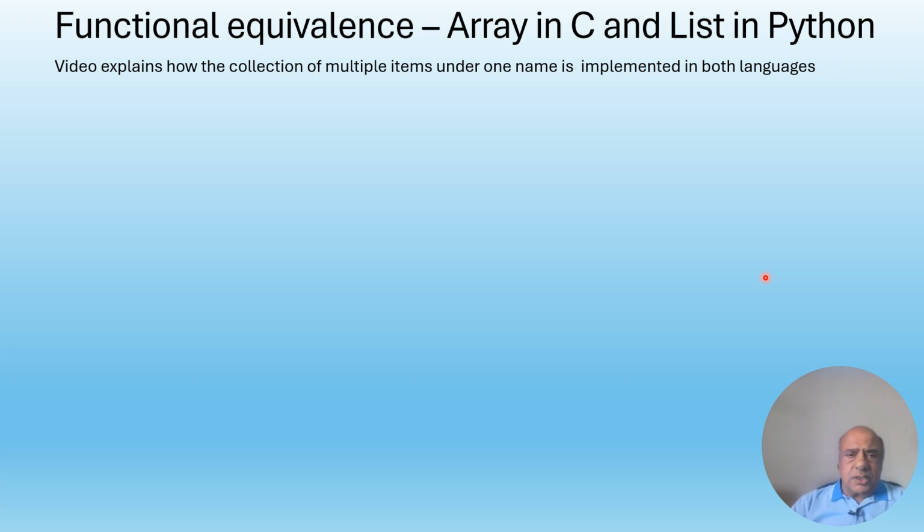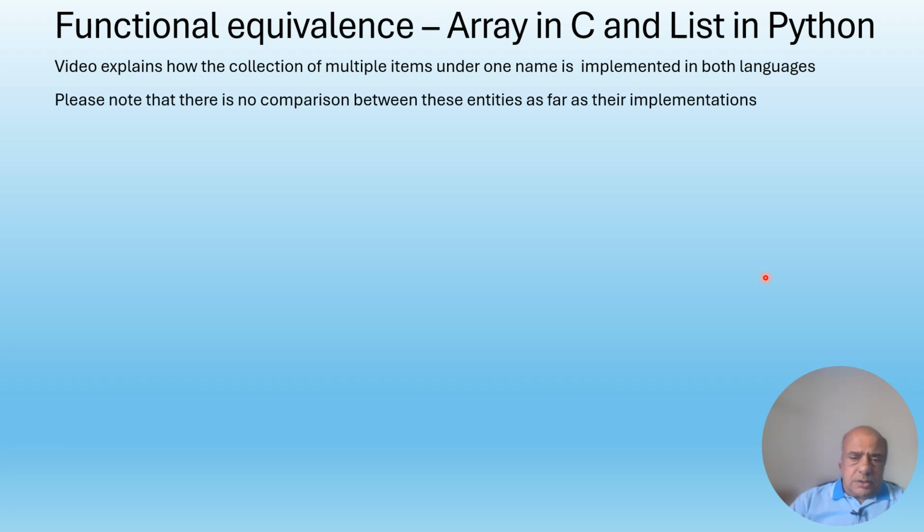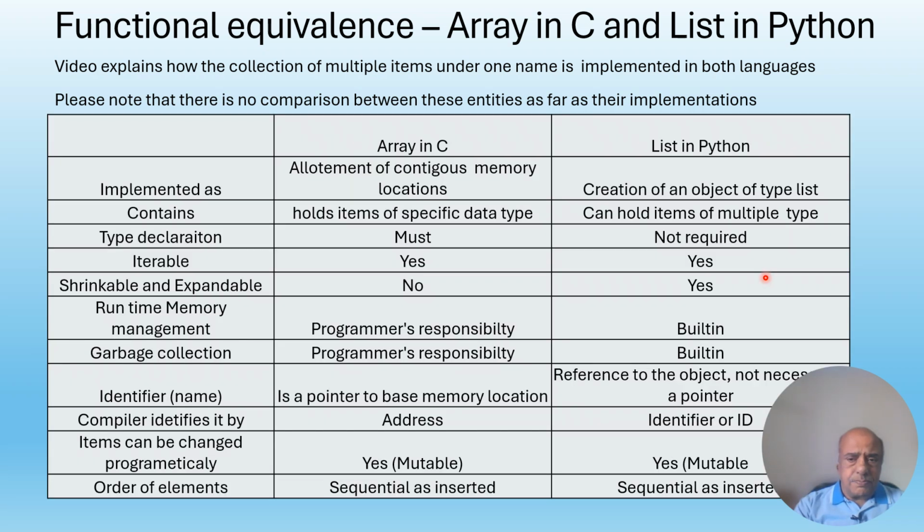This video will explain the collection of multiple items under one name as implemented in both the languages. Friends, please note that there is no comparison between these entities as far as their implementations are concerned. The functionality is same, to hold multiple items of data under one name.